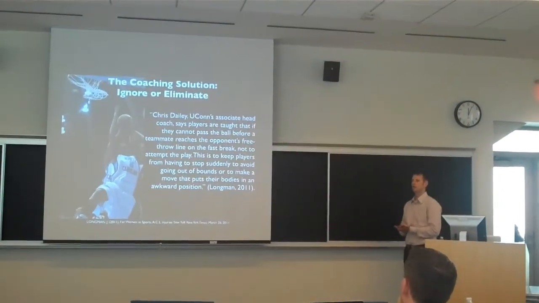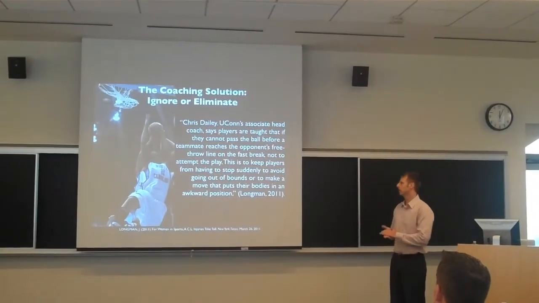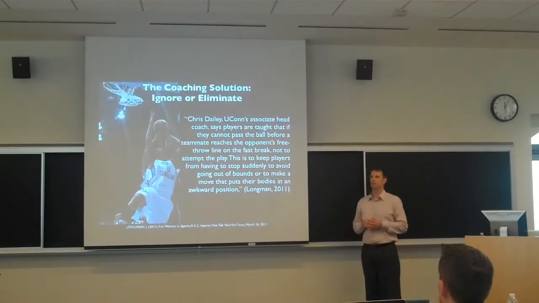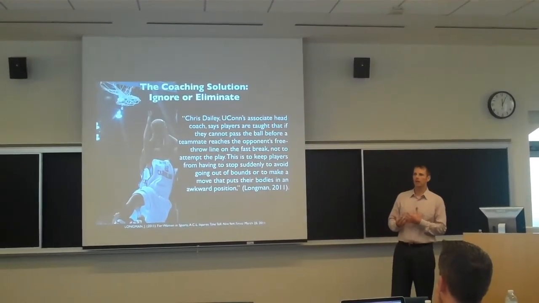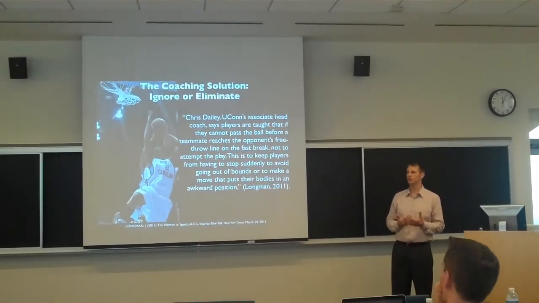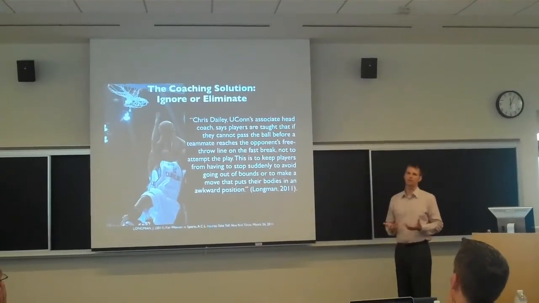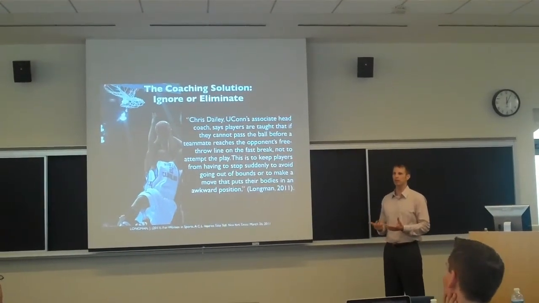So the coaching solution. This is from the article in the New York Times. Essentially, this has nothing to do with jump landings, but basically it takes an approach that if there's a chance something might cause injury, we'll try to avoid that situation. A good tactic. If you knew that something was likely to cause injury, try to avoid it.